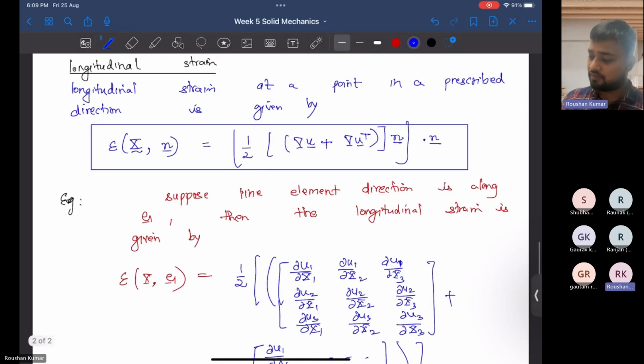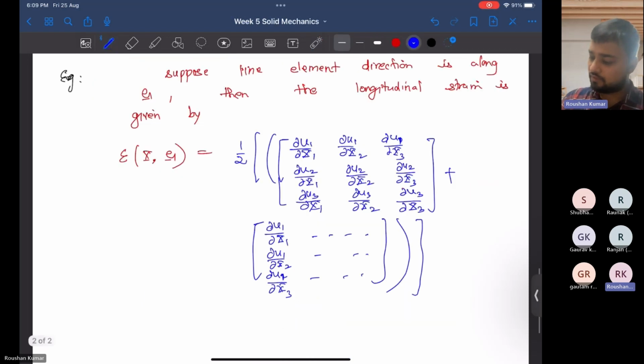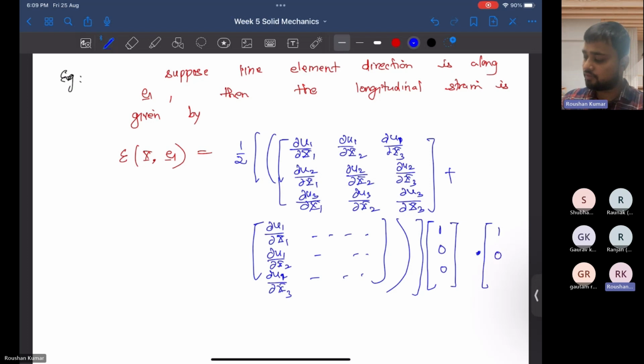This is the component of the tensor half of grad u plus grad u transpose, and we dot it with the E1 vector. The component of E1 is 1 0 0 in the E1 E2 E3 coordinate system, dotted with the components of E1, again 1 0 0.